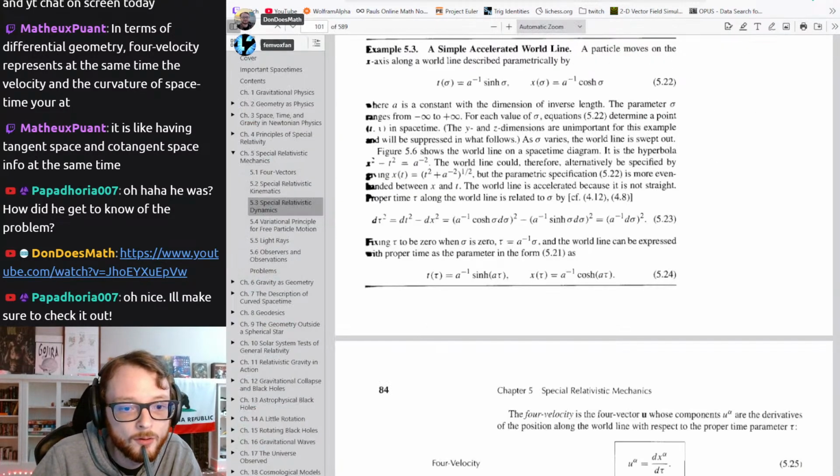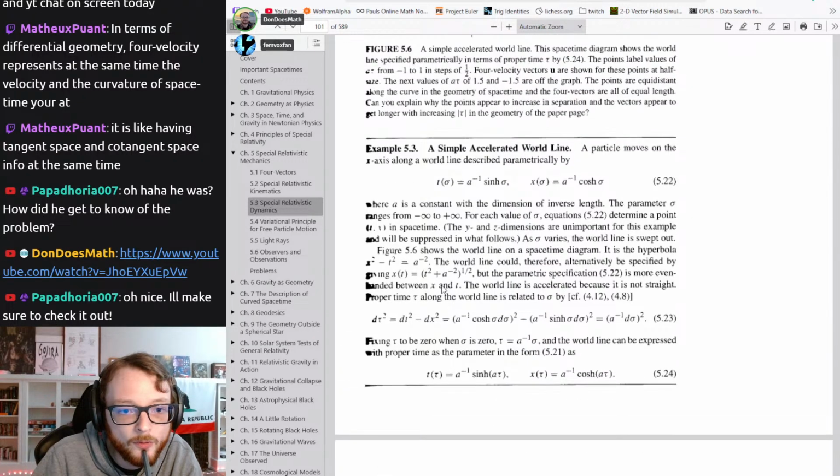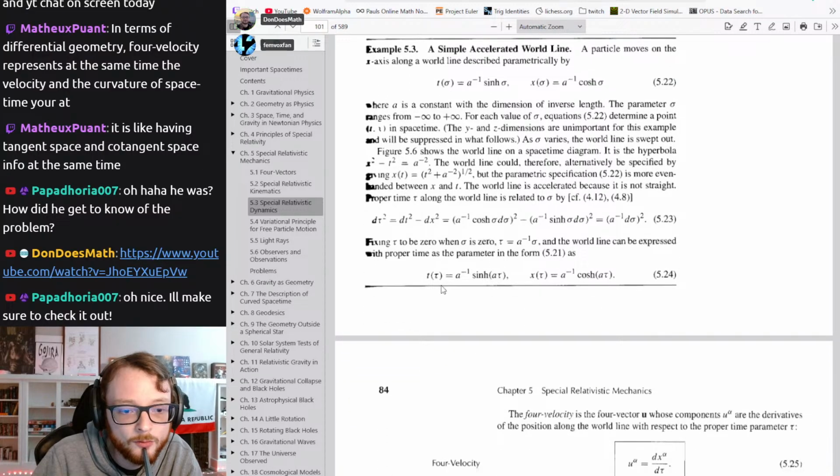Wait, no, in this example, they're doing it with position.